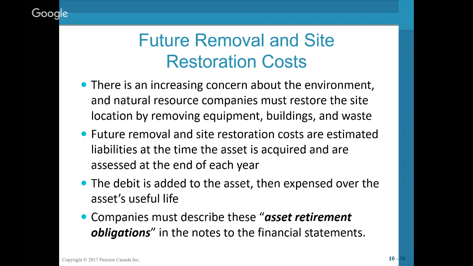We have to disclose it in the notes to the financial statements, but it also becomes a cost that's part of the cost of the land, and we have to record that in today's dollars. Again, because it requires some finance to it, we don't do a lot of that in this course other than just to mention that it is a cost. It is a real cost. We are going to make the estimate for that cost and record it as part of today's cost of the asset, even though it might not be a cost we incur for another 20 or 30 years.